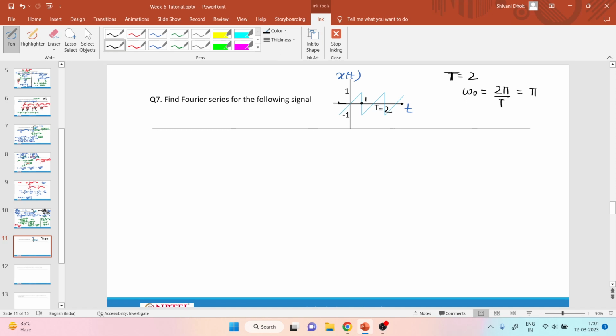Then if I consider from -1 to 1, this interval here is one period interval. In this interval, my x t is simply equal to t. So now let us try to find the Fourier series coefficients of this.